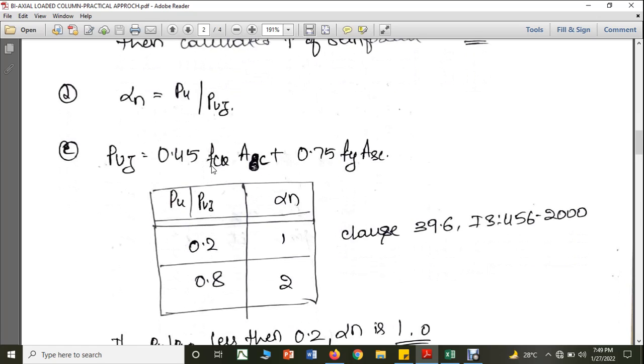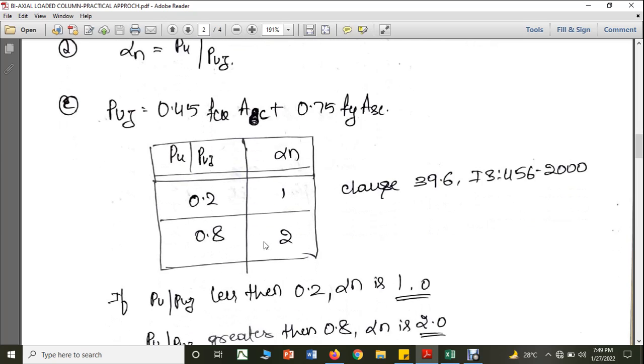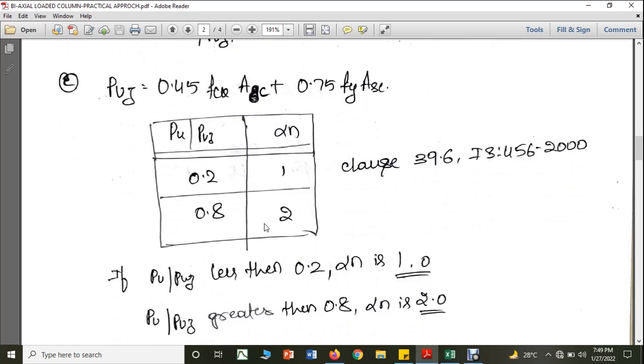Once you get that Puz value, when you do Pu by Puz, if it is 0.2 then alpha n is 1, 0.8 means alpha n is 2. If it is between 0.2 and 0.8, you have to do the interpolation. If Pu by Puz is less than 0.2, take alpha n as 1. If it is greater than 0.8, take alpha n as 2.